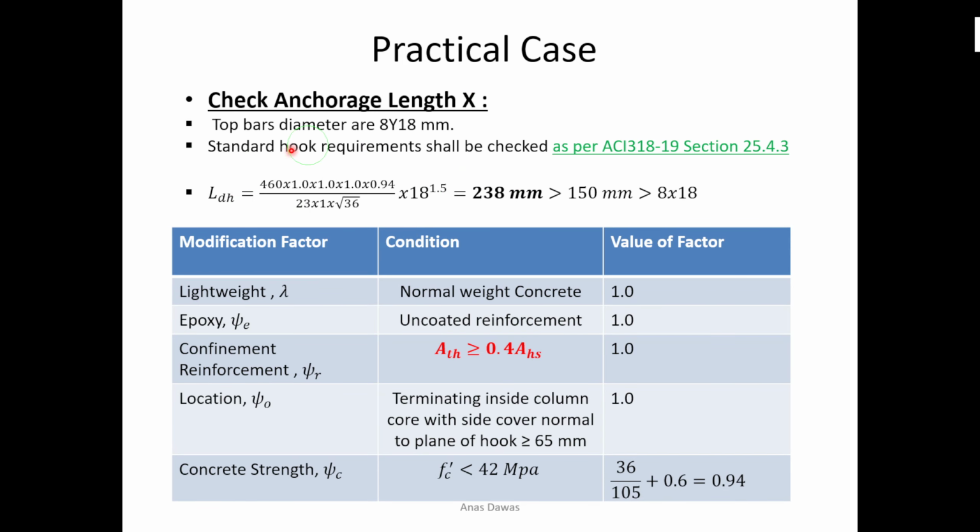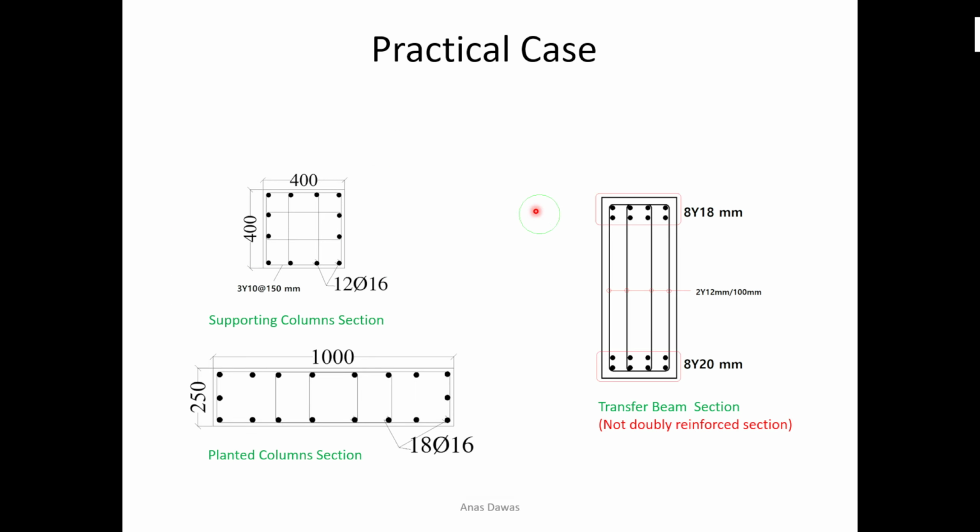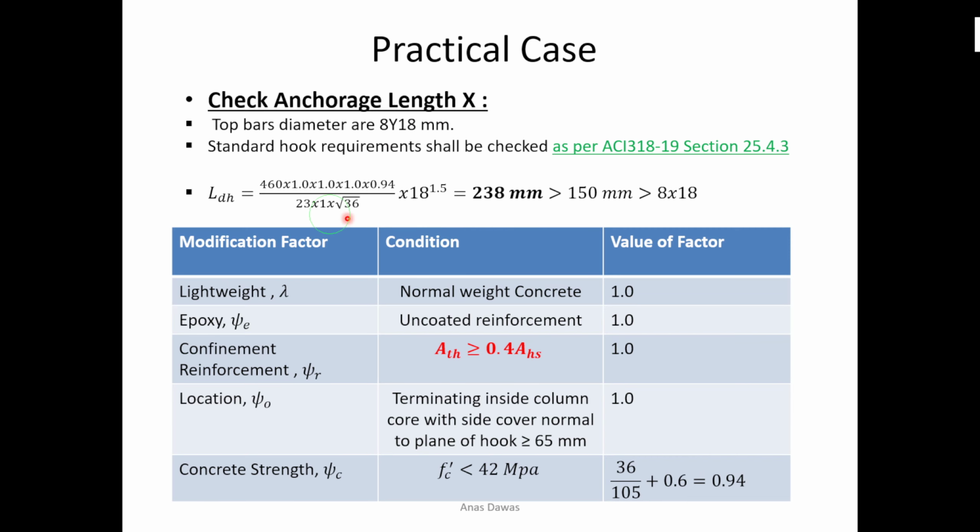Here I am using a standard hook. As we know, the top bar diameter for the beam is 18 millimeter. If we look here, the top bars are 18 millimeter. So I need to assume that I need to use a standard hook.